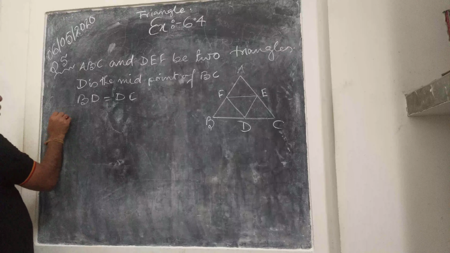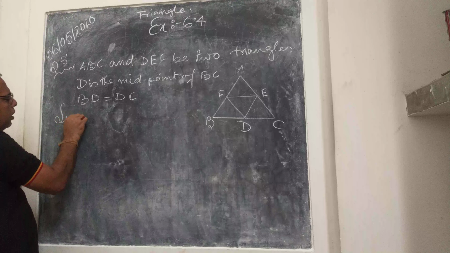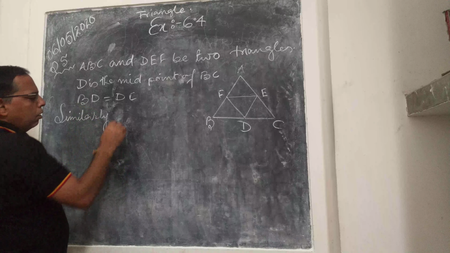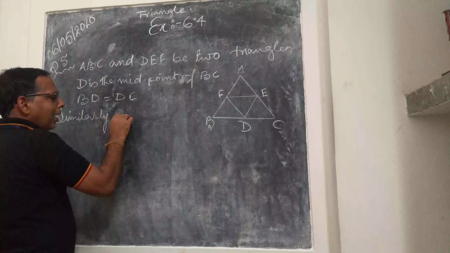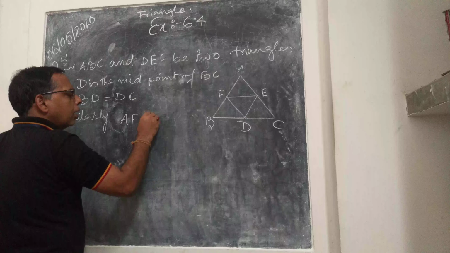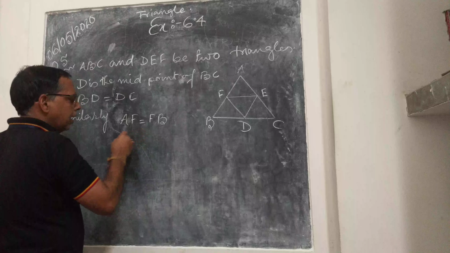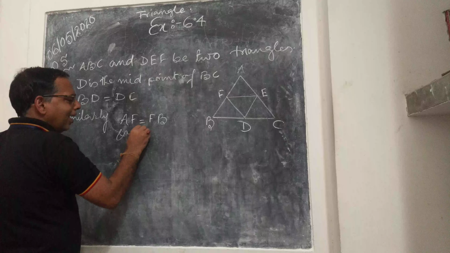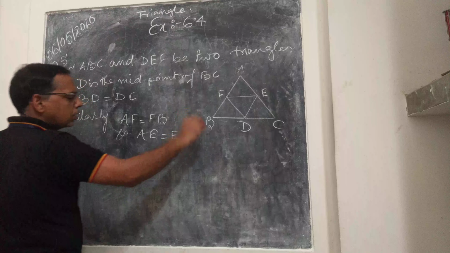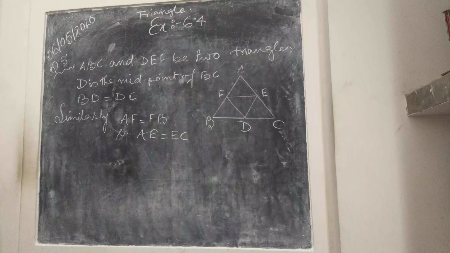Similarly, AF equals FB and AE equals EC.